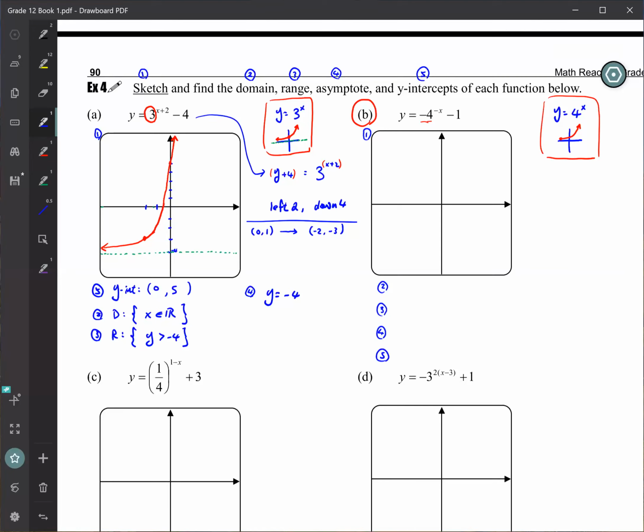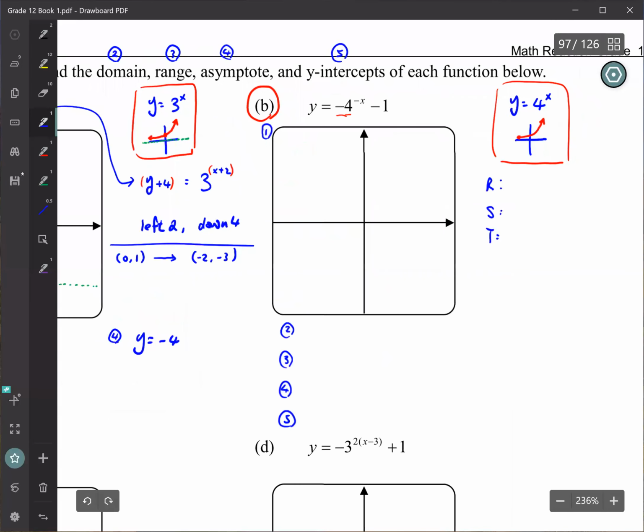Okay, let's double check with what story you got. What should we apply to the basic? Let's talk about RST here. Do we have reflections, Cindy? Yes. Okay, what kind of reflection?